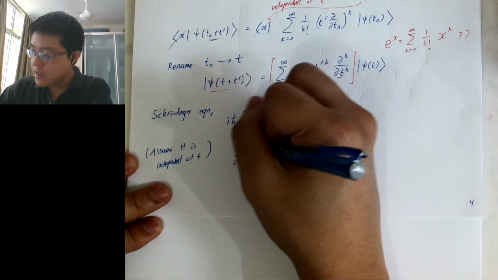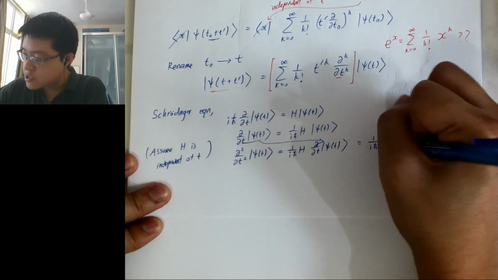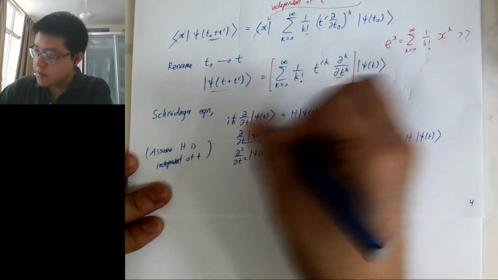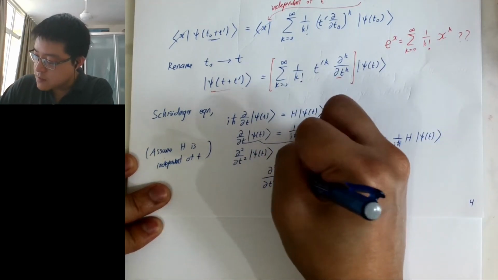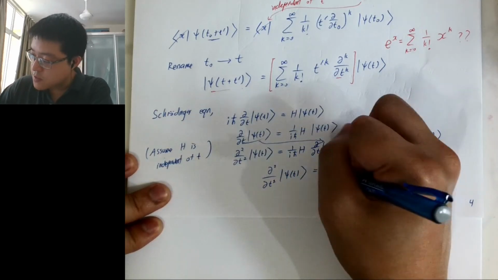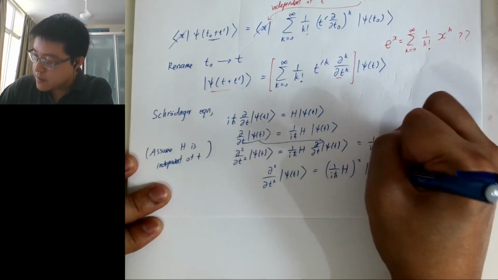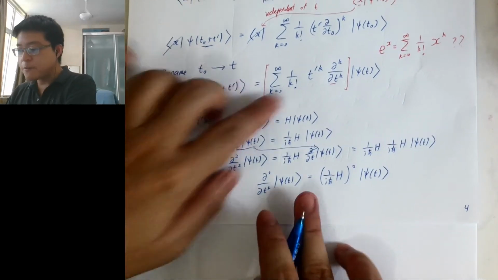Okay, but this is the same as this, so this is actually 1 over i h bar H, and then 1 over i h bar another H psi. Okay, so basically the second derivative of my function is just 1 over i h bar, H squared acting on this. So now we know what to do with this already.